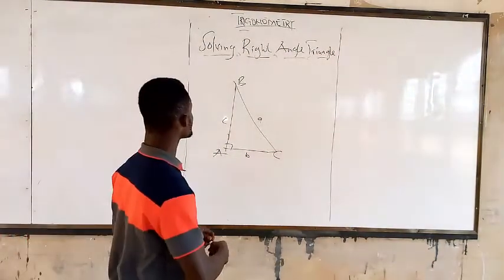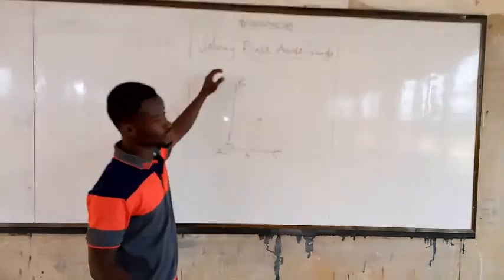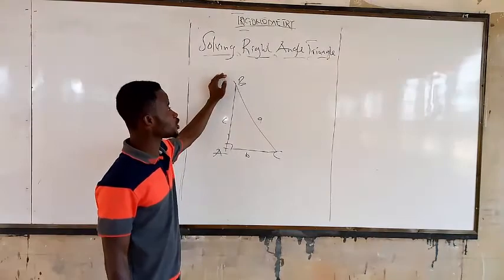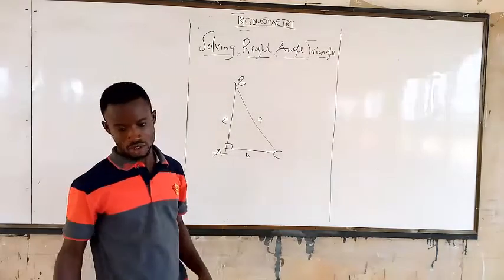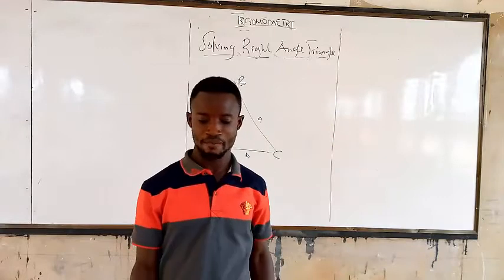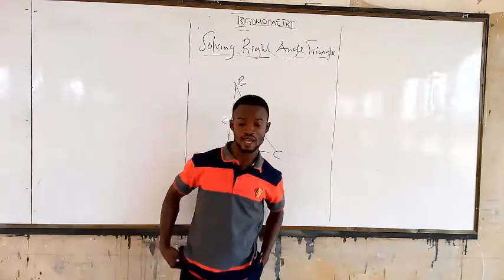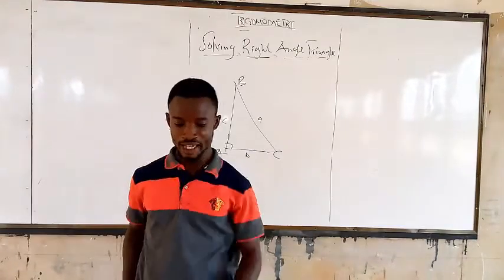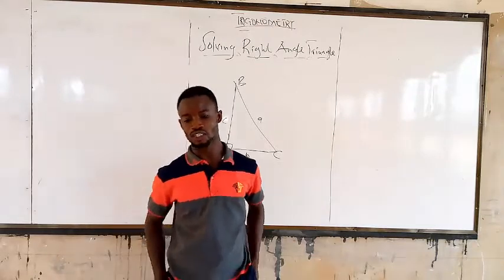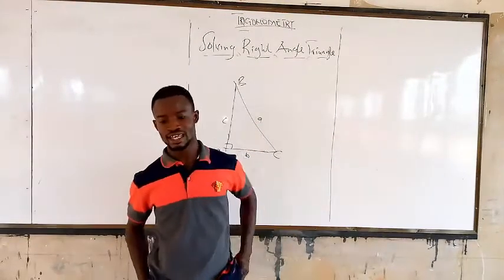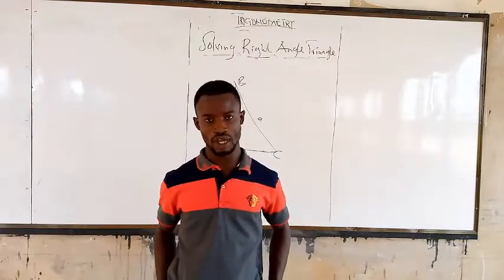Alright. Let's look at the last part in this video. Solving a right angle triangle. To solve a triangle means to find the measure of all the angles and sides of the triangle.